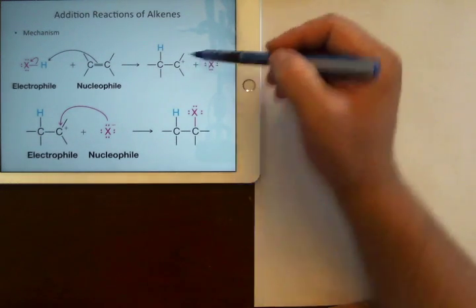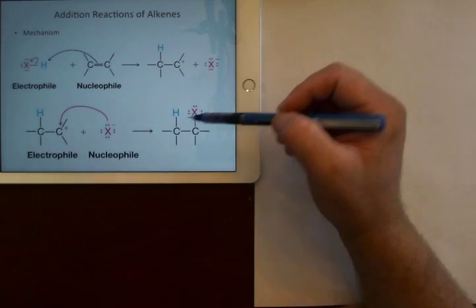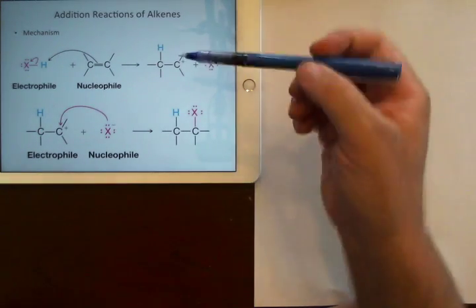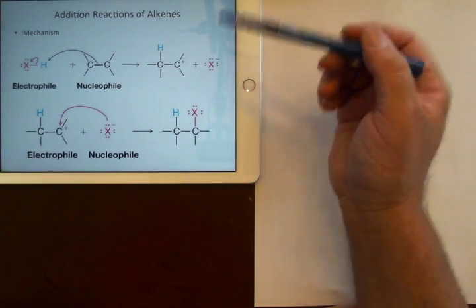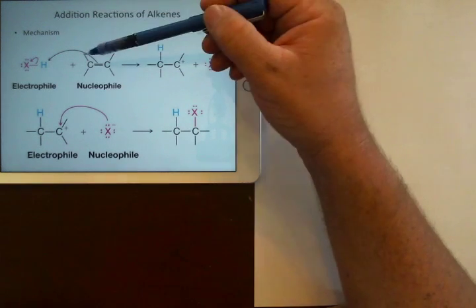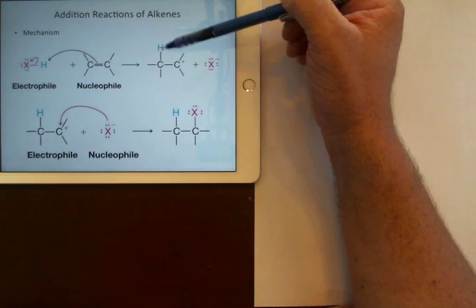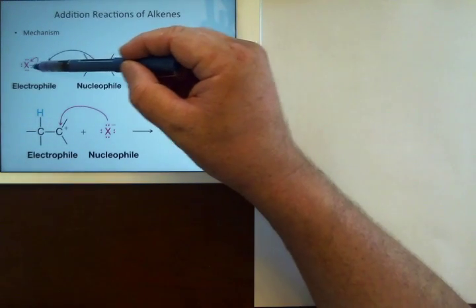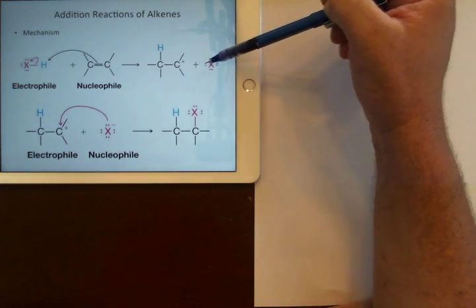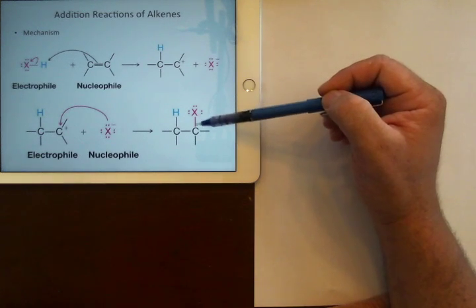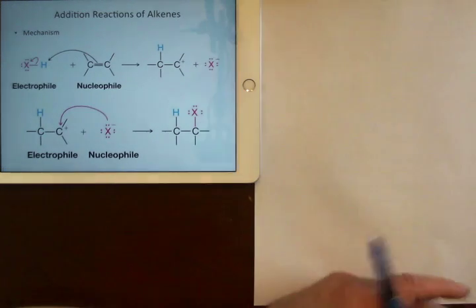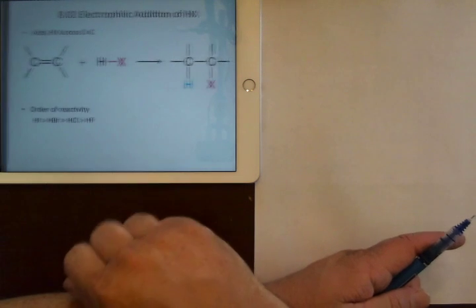It's going to take one of those lone pairs and make this new bond here. So this pi bond is going to make this new CH bond. This bond initially goes onto a set of lone pairs, but then it ultimately makes this C-halide bond. That's a lot of how all these work.